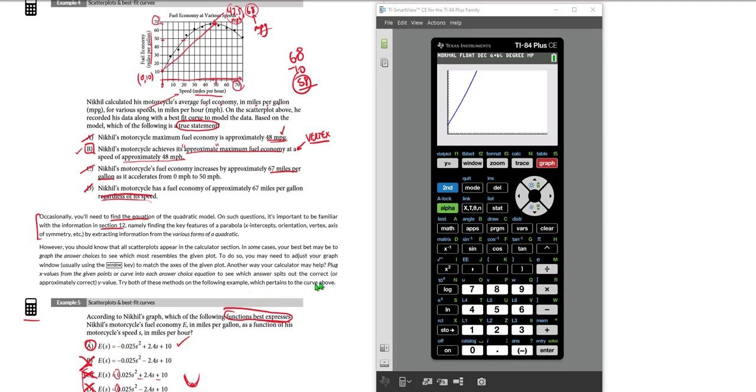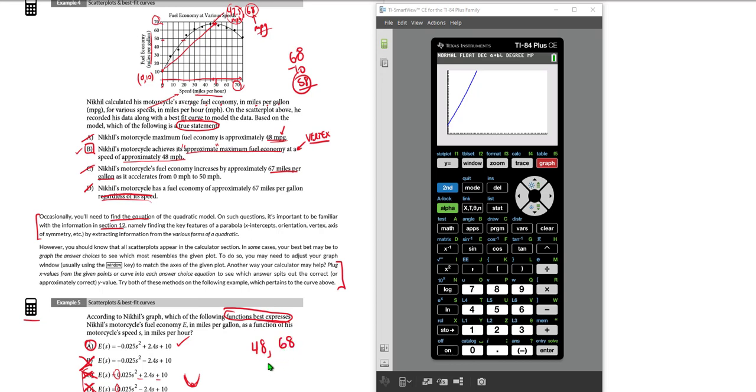Now there is another option that you have on questions like this, in which you can plug in points. For instance, let's say I look at that maximum point. I can see my maximum point is about 48 comma 68.